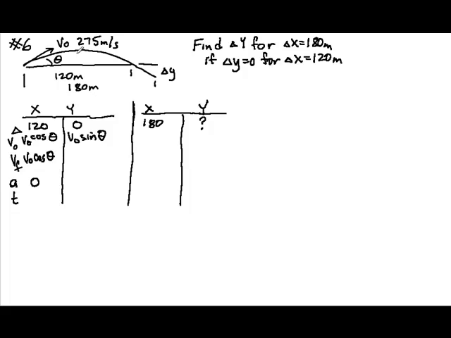And in the y direction, we can take care of the special case that if we take off and land at the same height, our final velocity for y will be minus v naught sine theta. Our acceleration is going to be minus g.